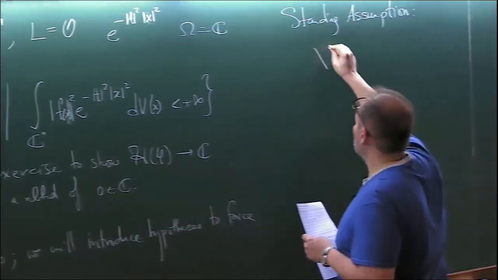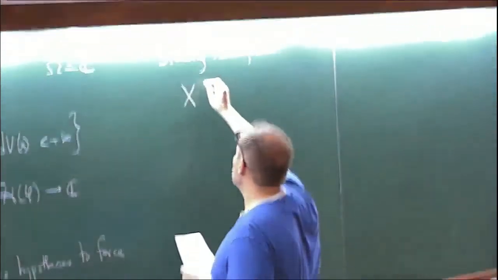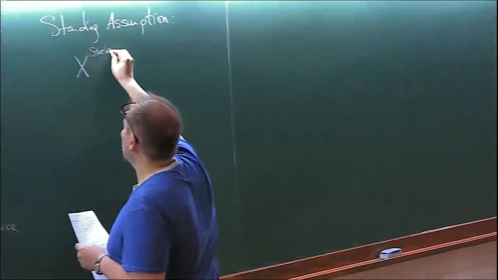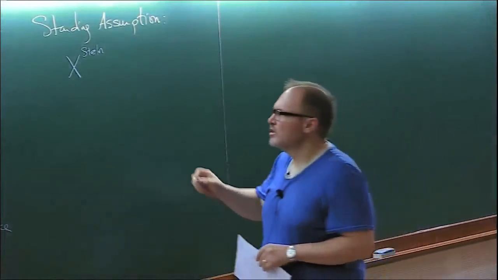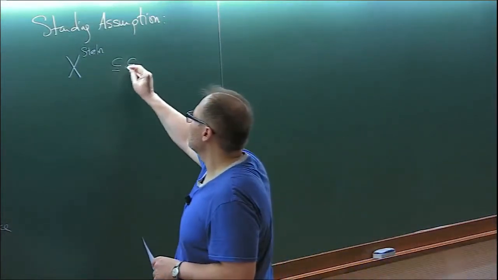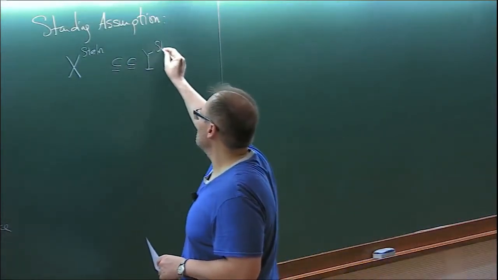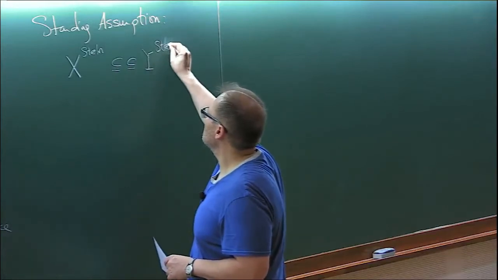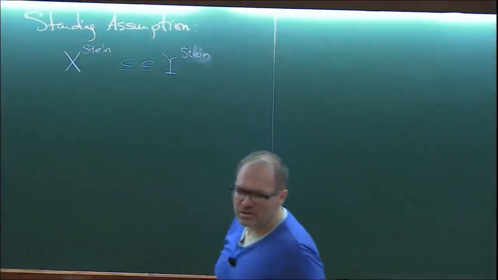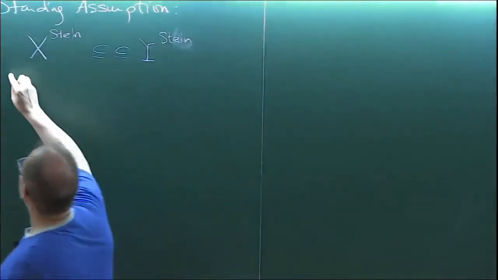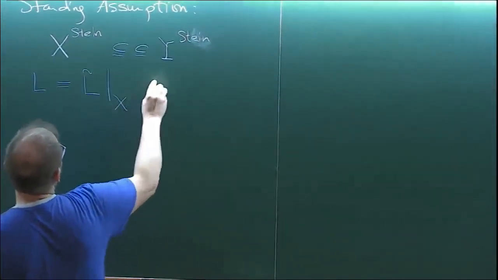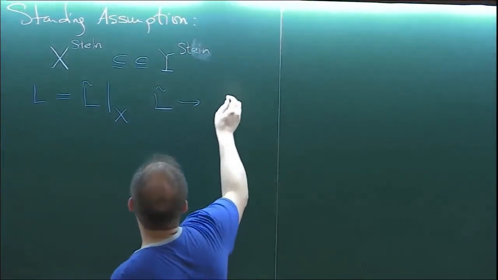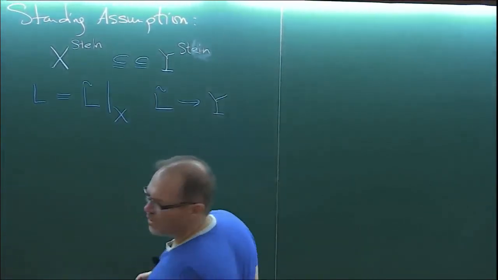It's that the manifold X is going to be, first of all, Stein, so a strongly pseudoconvex manifold, but actually it's going to be a bounded domain inside some other strongly pseudoconvex manifold Y, Stein. And also, L will be L tilde restricted to X, where L tilde is defined on Y.